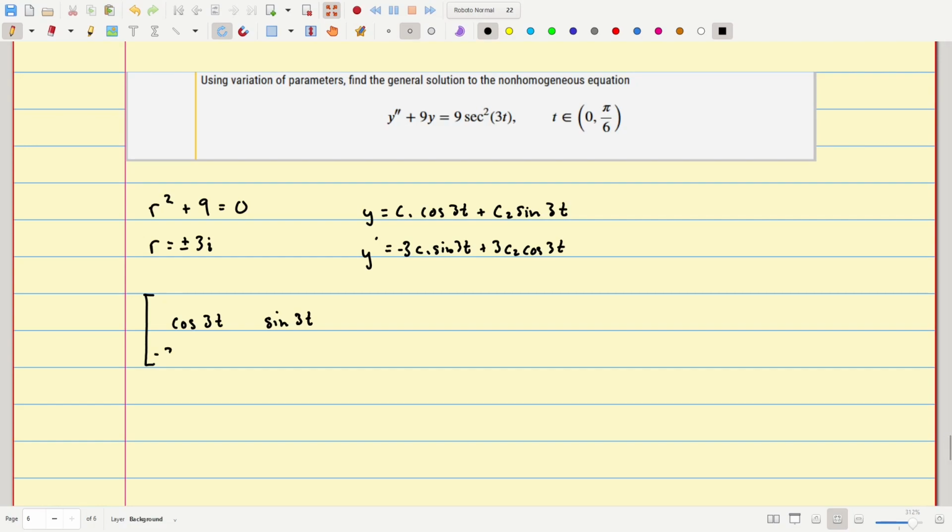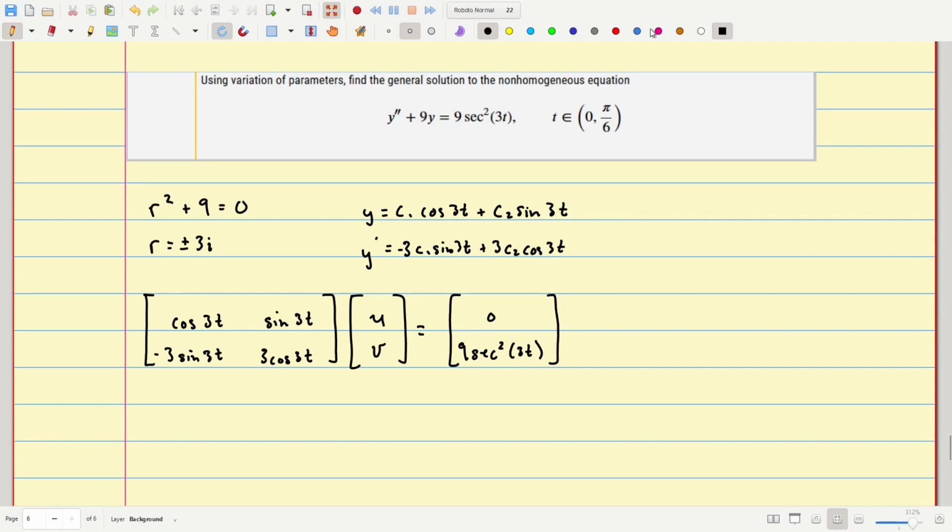And then down here, we're going to have negative 3 sine 3t and 3 cosine 3t. We're going to have u and v here, and this is going to be equal to 0 and 9 secant squared 3t.